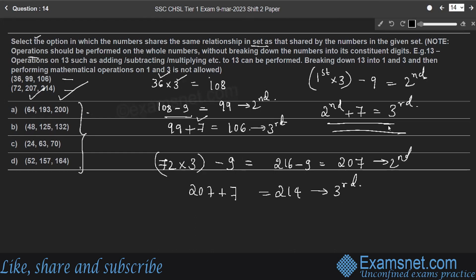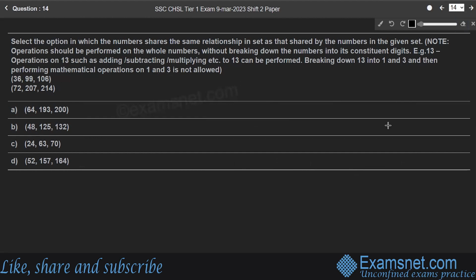Right? So we'll verify. So consider the first set. 64 into 3 minus 9. So what is 64 into 3? 192, right? 192 minus 9 is 183. So which is not the second number. In the first set, 193 is the second number.